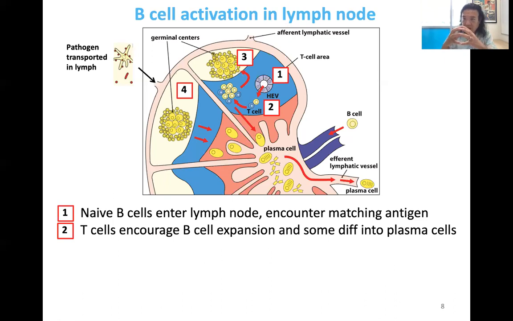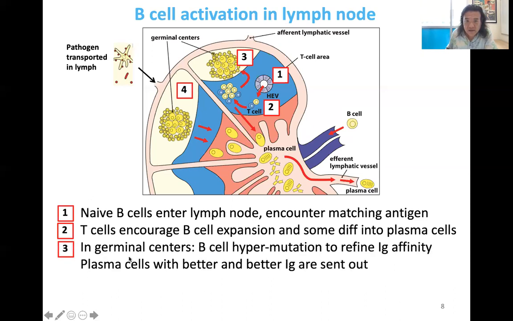So these B cells are now dividing and doing the random kind of mutations of their immunoglobulin locus to see if they can come up with more refined, better fitting shapes to actually bind the bacteria, right? So step 3, in the germinal centers, B cells hypermutate to refine their Ig affinity.